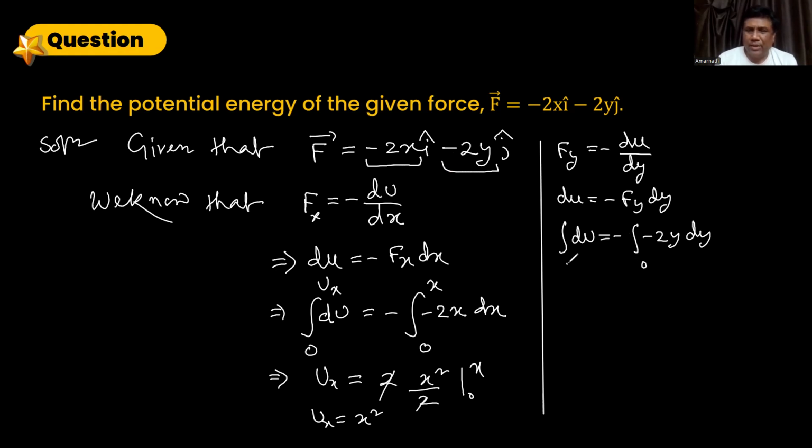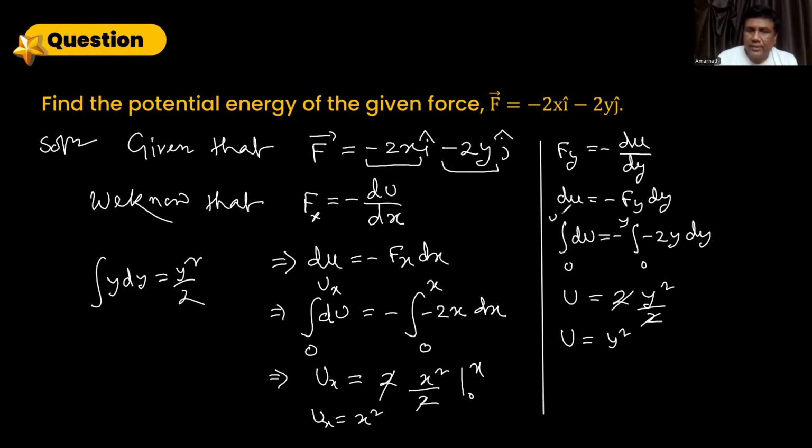Similarly, at y equal to 0, I am taking potential energy 0. At y equal to y, potential energy is U. So U is equal to, minus minus will be plus only, so 2 is coming out. Integration of y dy is y square by 2 only. So y square by 2, the 2 got cancelled. So U equal to y square. You can say it is the y part of the potential energy.